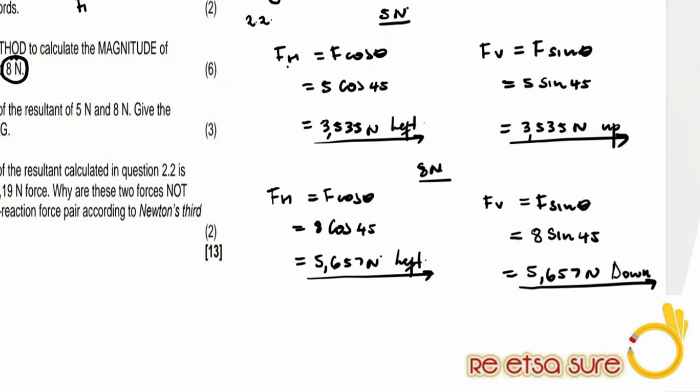As you can see, I have 2 forces that are acting horizontal, and then I also have 2 forces that are acting what? Vertical. So now I must determine the sum or the resultant of these 2 forces, and then I must also determine the resultant of what? Of these 2 forces.